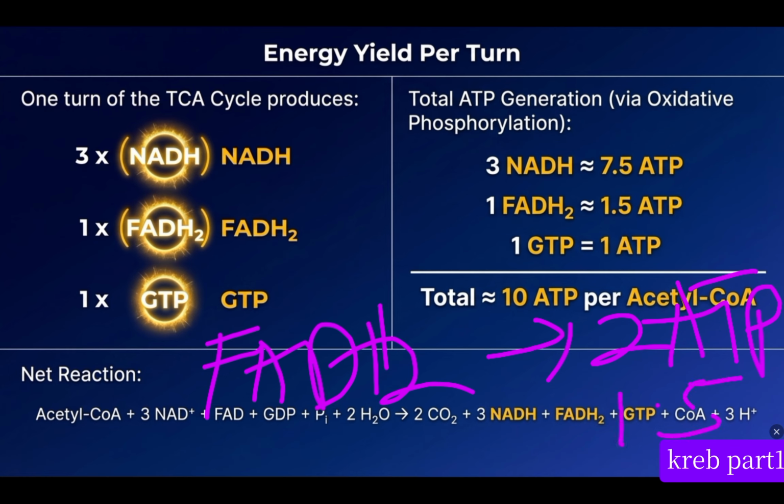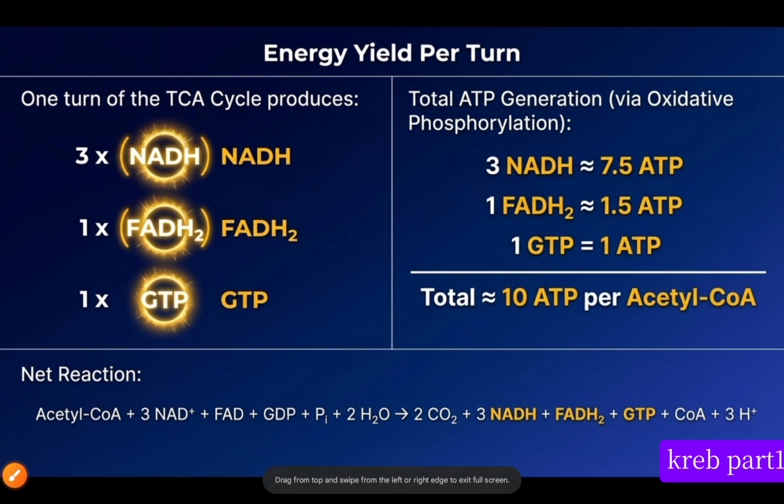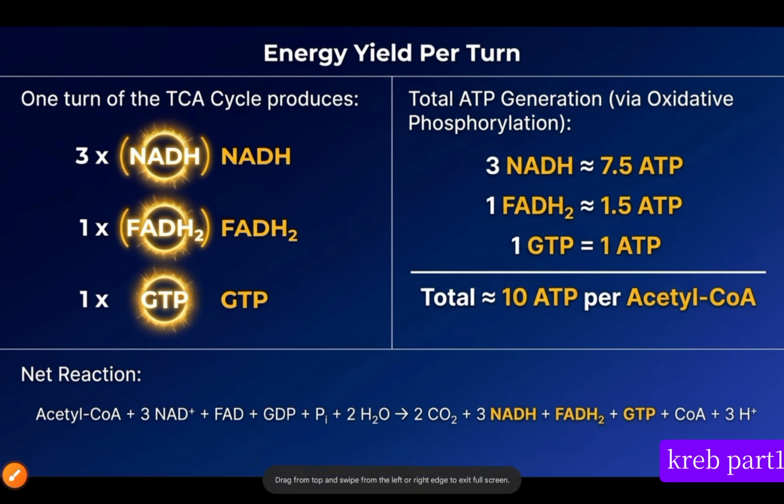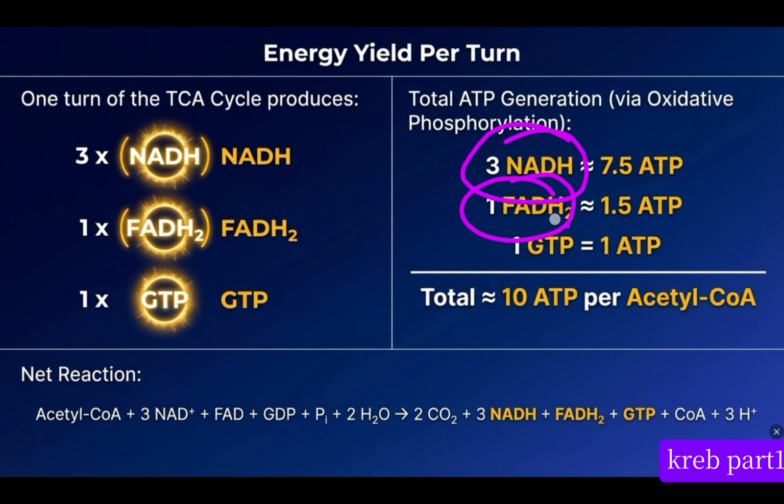So use whichever you feel like, or whichever they give you. And generally accepted, 1 GTP is equivalent to what? 1 ATP. So the amount of energy one ATP will do, 1 GTP will also do the same. So in the Krebs cycle, we produce 3 NADH, 1 FADH, and 1 GTP.